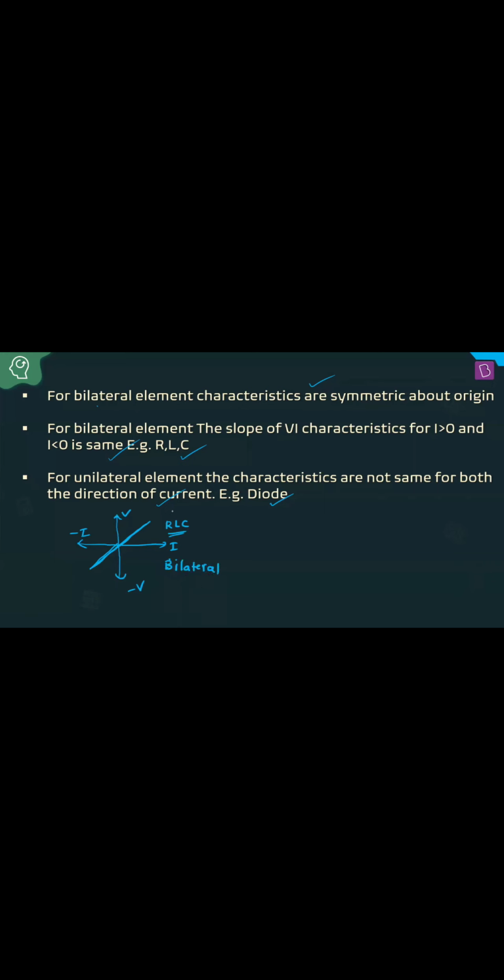If you take this as the diode characteristics, this is minus V, minus I. Practically, the diode characteristics are like this. The characteristics are not the same in both directions. Understand? That's why for the diode this slope is different, this slope is different. That's why it is a unilateral element.